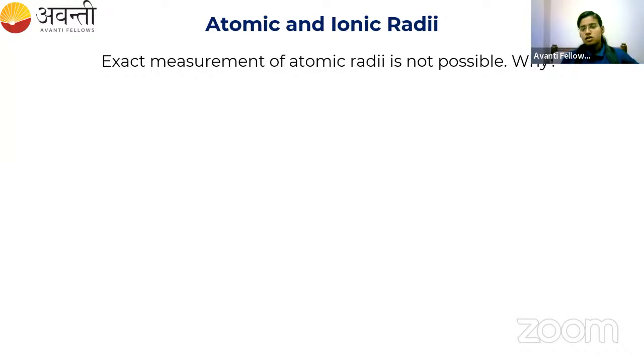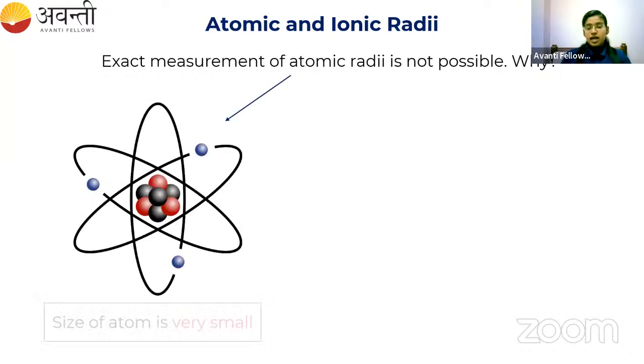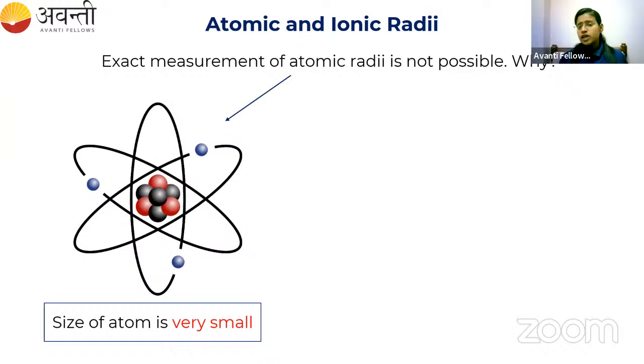Fine. All your answers are partially correct here and there. There are two reasons for this question. The first reason is that the size of the atom is very, very small. One of you gave me the answer as micro, no? Yes, Ankit, you're actually correct here.